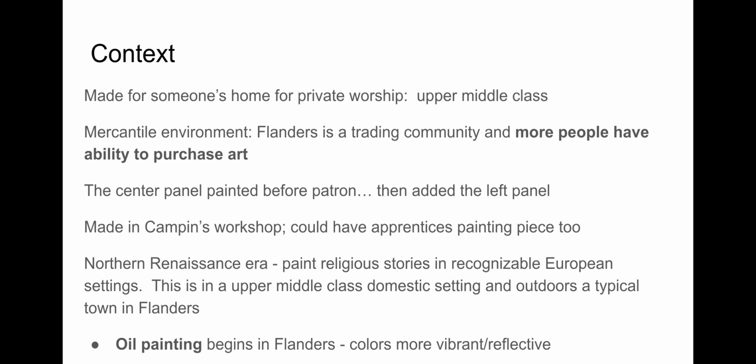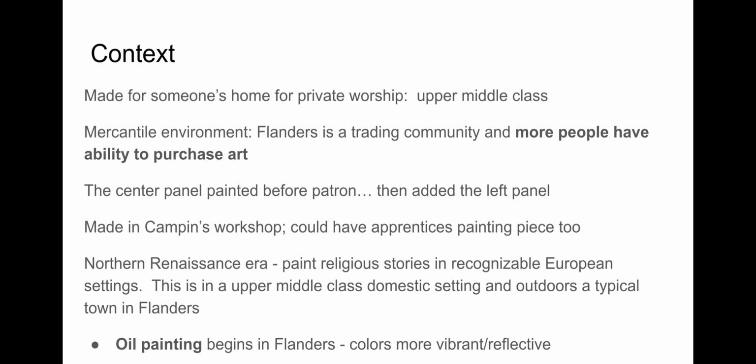And then another very important piece of context is going to be oil painting. We're no longer using tempera paints here or just natural pigments. We have now introduced in Flanders oil painting. Color and paint that is more vibrant, reflective, and takes longer to dry, so you could do a little bit more with.